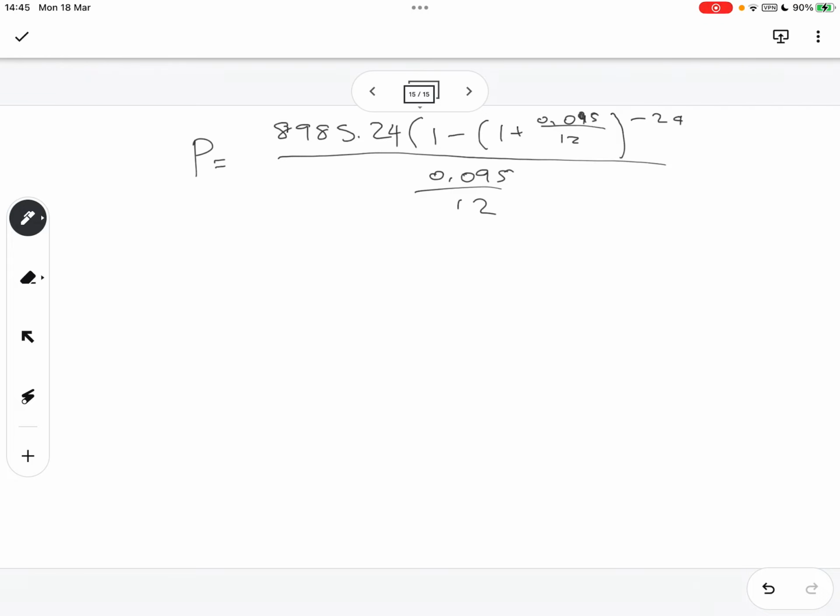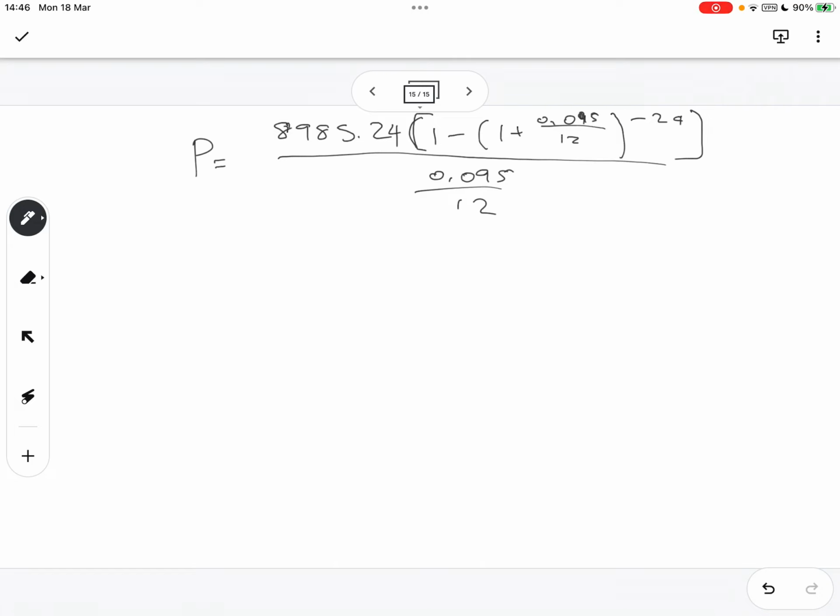Alright. So it would then be the installment times 1 minus 1 plus i to the power negative 24. So the question was, determine the balance of the loan at the end of the first year.